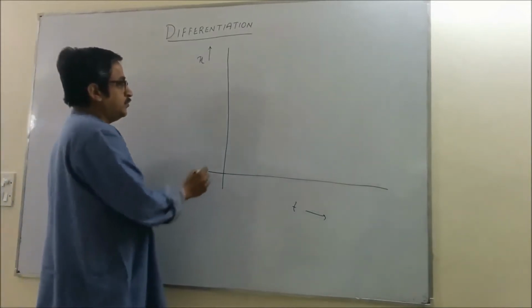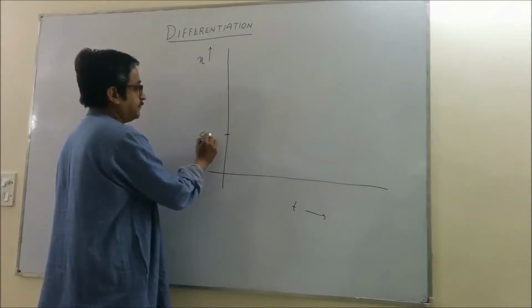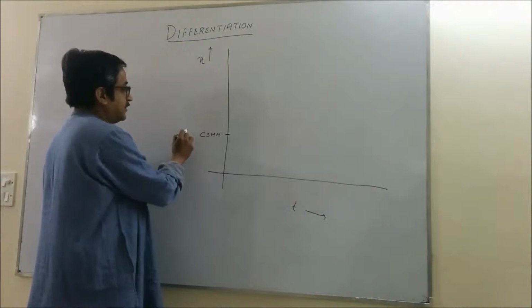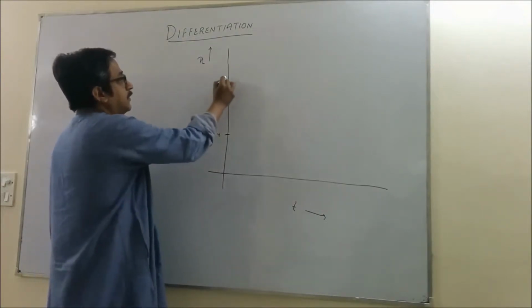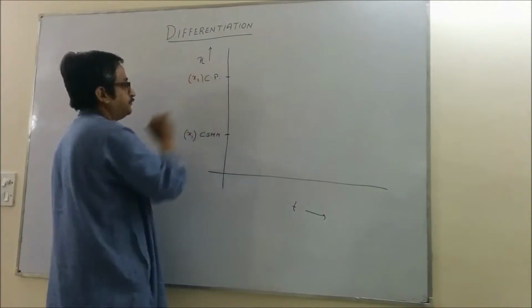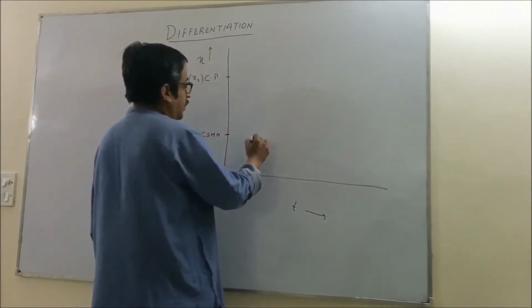Suppose you want to go from CSMM, the Creative School of Maths and Music, which is situated at say X1, to Connaught Place. It is situated at X2. You move along.